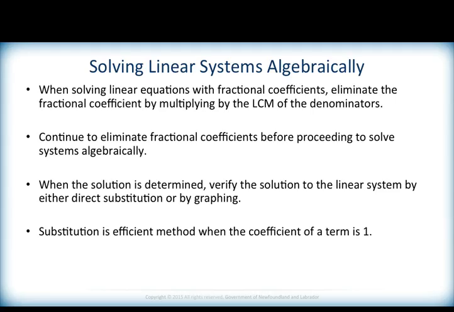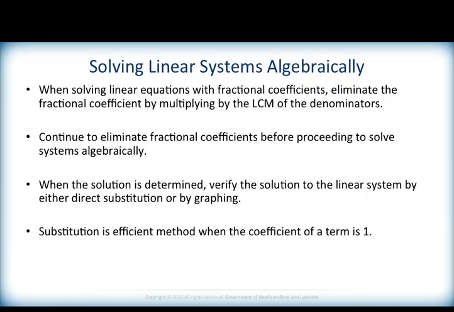So when solving linear equations with fractional coefficients, you're first going to eliminate the fractional coefficient by multiplying by the lowest common multiple of the denominators. Continue to eliminate fractional coefficients before you proceed to solve algebraically.